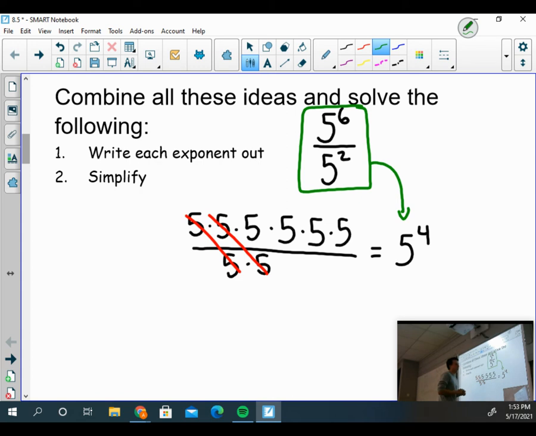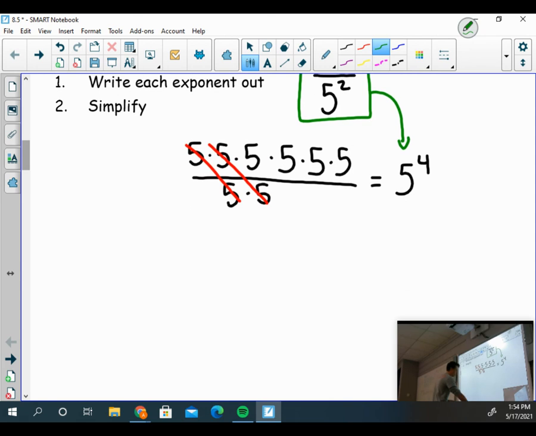Hopefully, as we've seen in previous videos, you can see a potential shortcut. If we look at the initial part and our answer, we notice I have 5 to the 6th on top, 5 squared in the denominator, and I end up with 5 to the 4th. That exponent of 4 is just the subtraction 6 minus 2.